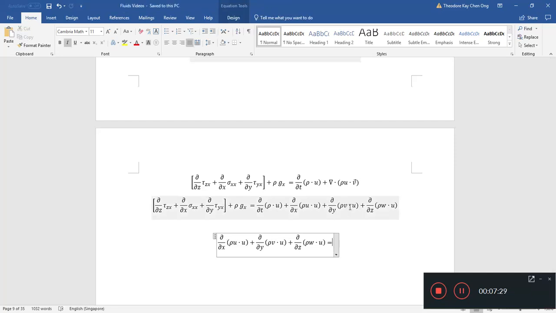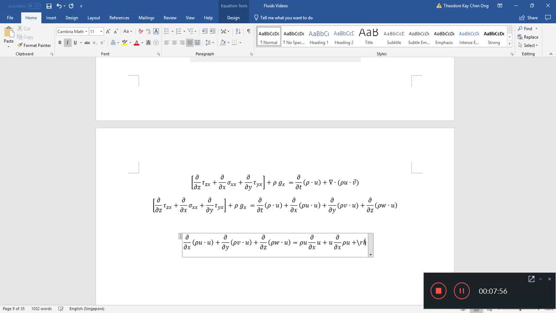So let's have the x derivative of rho u, plus u, plus, oh, take a look at this, rho v, the y derivative of u, plus the last one.